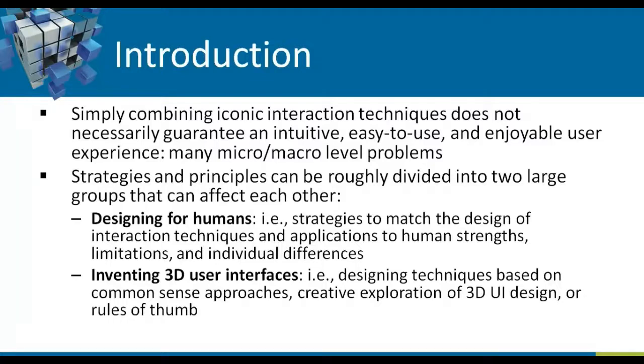We have learned this and used this in our HCI class last sem. And next, the second group is inventing 3D user interface. It is designing technique based on common sense approach, creative exploration of 3D UI design or rules of thumb.